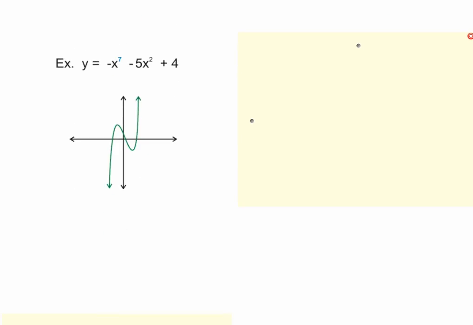Okay, so here's one where you've got a 7th power, and that is not the graph of that. Why can this not be the graph of this? Because what's positive? What would I have to change to make this the graph? Yeah, this negative either has to not be there or be a positive, right?